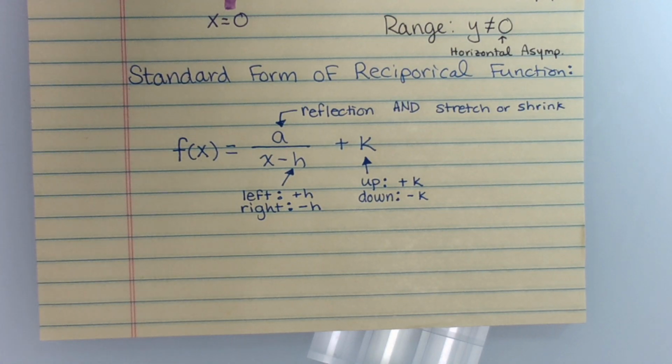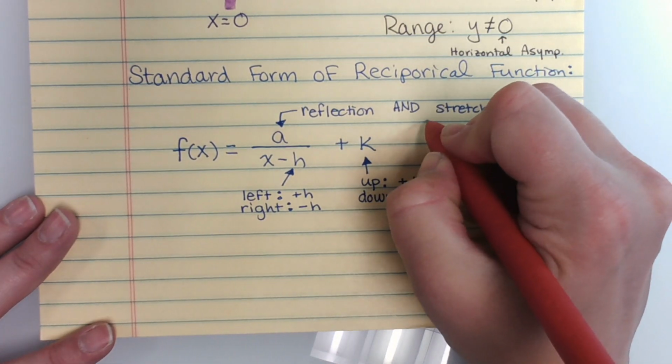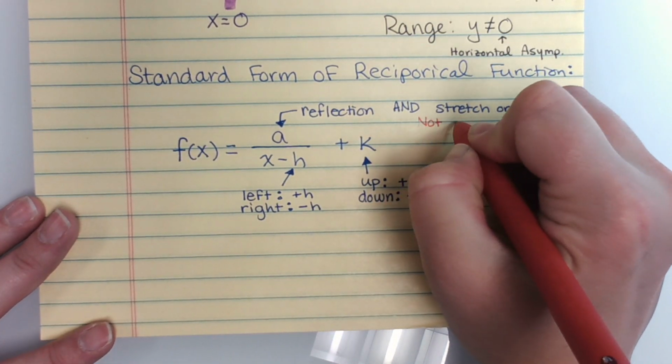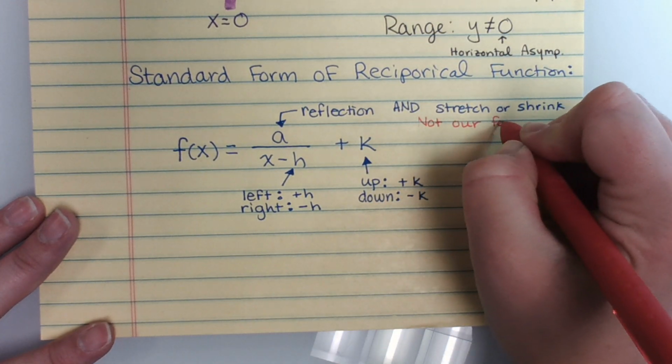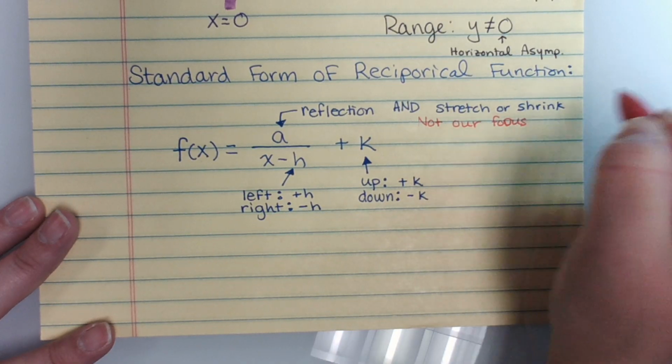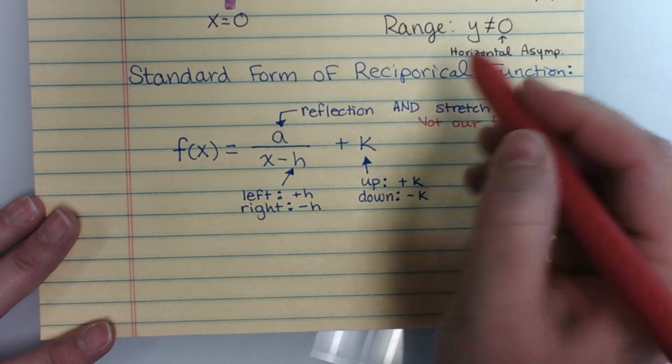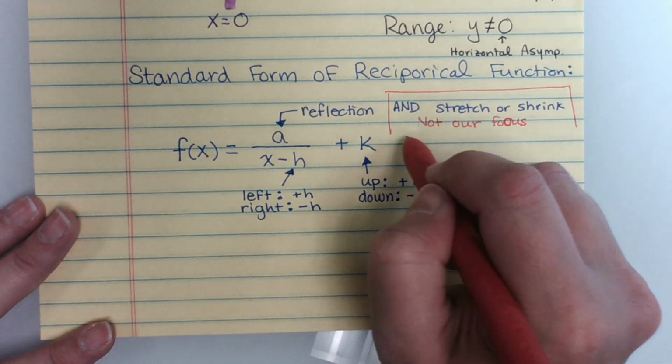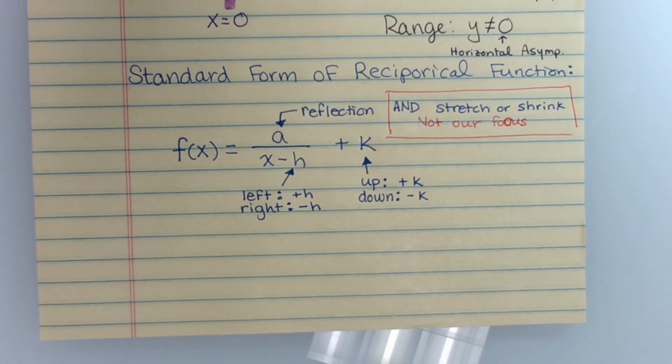Now, stretches and shrinks on reciprocal functions are not really going to change the graph drastically. The stretches and shrinks, while it is true, are not our focus in this class. We're going to focus on moving up, down, moving left, right, and doing reflections.